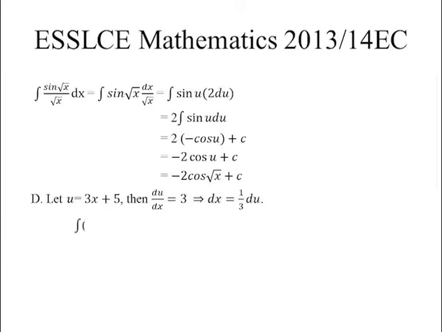Thus, integral of 3x plus 5 to the power of 6 dx is equal to integral of u to the power of 6 times 1 over 3 du.